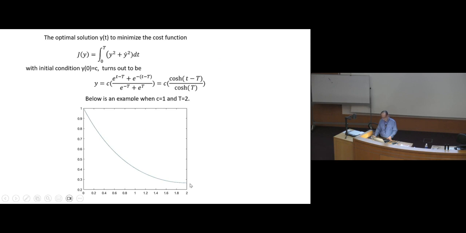That is because of this hyperbolic function. And remember, what's the objective? Among all the functions of time, this is the function which will minimize this integral. So we get the average of the square of those two values the smallest.